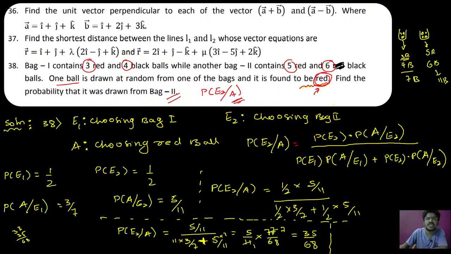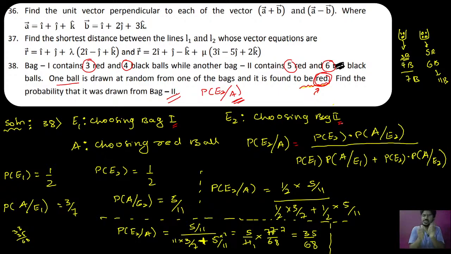So to find this, first, E1 is choosing bag 1, because you have 2 bags. To complete this experiment, you have to take the red ball out of the bag. But before you take the red ball out, you have to choose the bag first. So take E1 as choosing bag 1 and E2 as choosing bag 2.